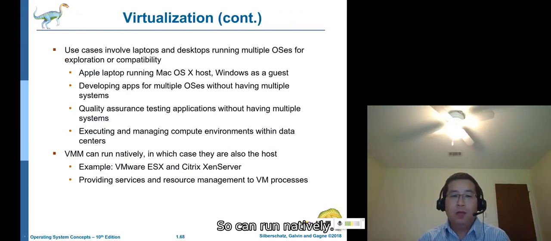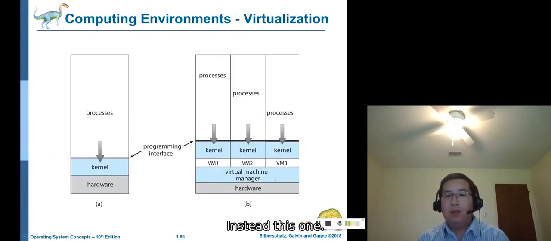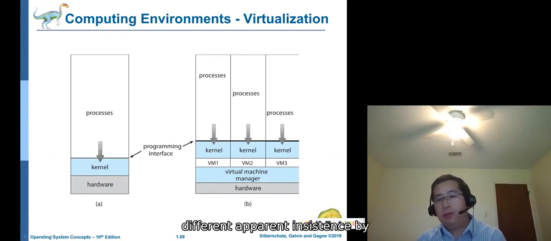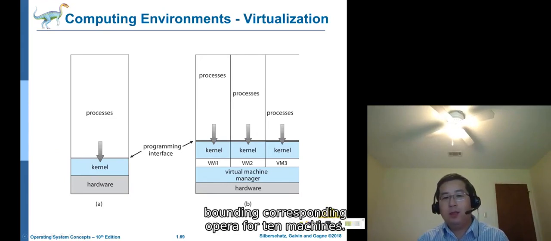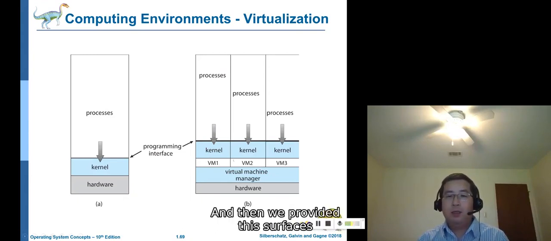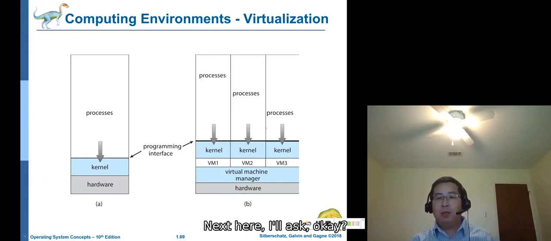So you install this one, and then you can simulate different operating systems by installing the corresponding virtual machines: VM1, VM2, VM3. Then we provide the services to run the corresponding processes. So you run a Windows process here, a Linux process here, an iOS process here.